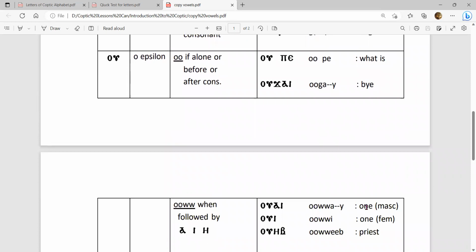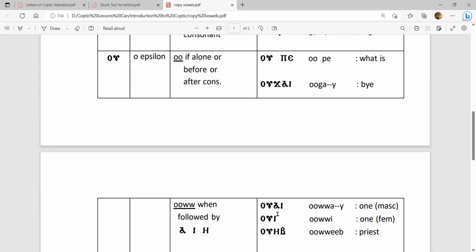The next pronunciation of the U is if followed by one of these three letters, the alpha, the iota, and the eta, where we pronounce the O epsilon as a double O and a double W, as an ooh.